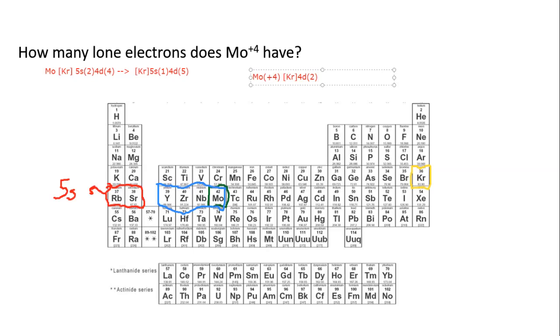And since it's 4d2, 1, 2, 3, 4d2, we follow Hund's rule. We have 1, 2. So there's going to be 2 lone electrons. Paramagnetic.